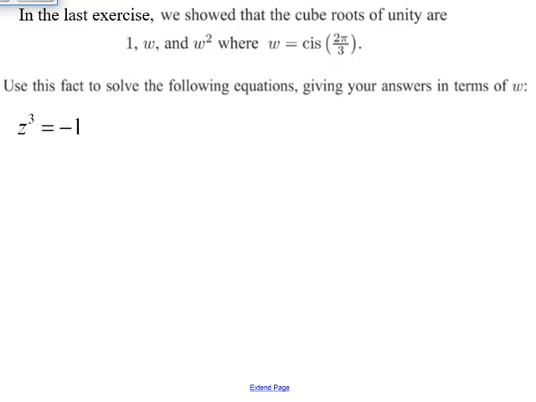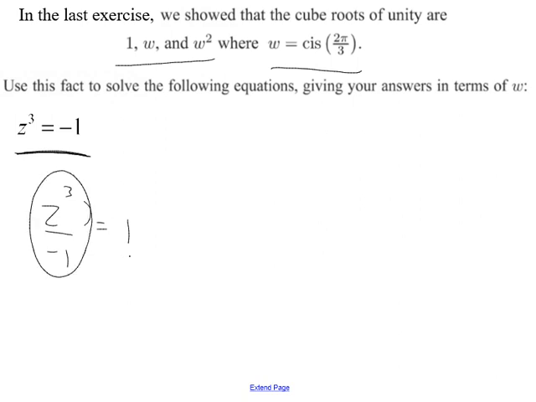Alright, so we can use the fact that the cube roots of unity are 1, w and w squared, where w is cis of 2 pi on 3, to solve other equations if we can match the two patterns. So in this case here, that's not quite the same as the last question. But if I were to move the negative 1 across the other side, we've almost got the cube root here equals unity.